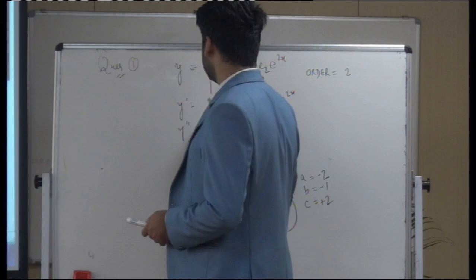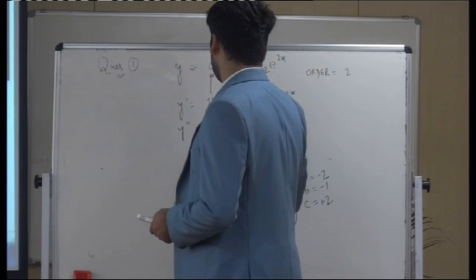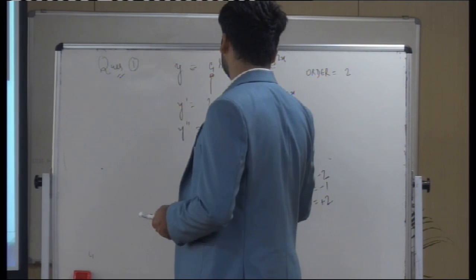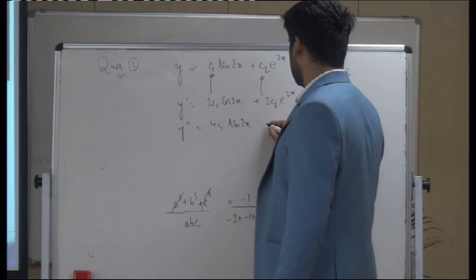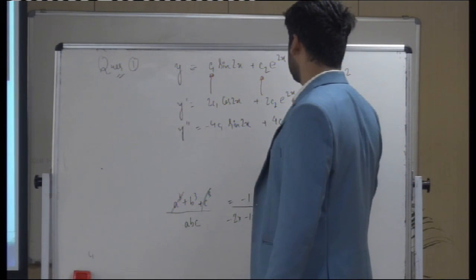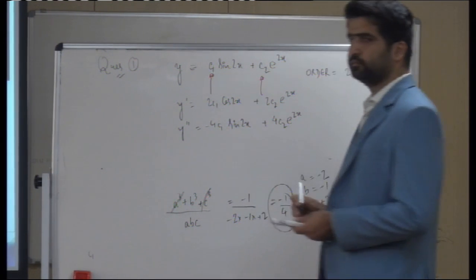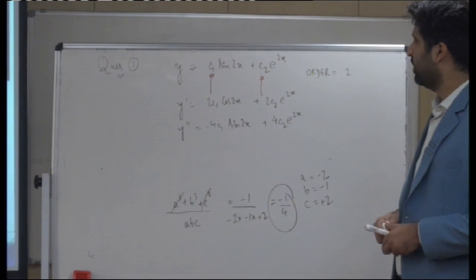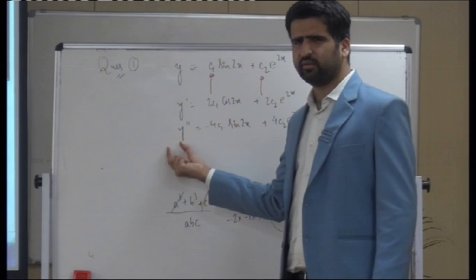Y double dash is equal to minus 4c1 sin 2x plus 4c2 e to the power 2x. Will there be any power on this y double dash?